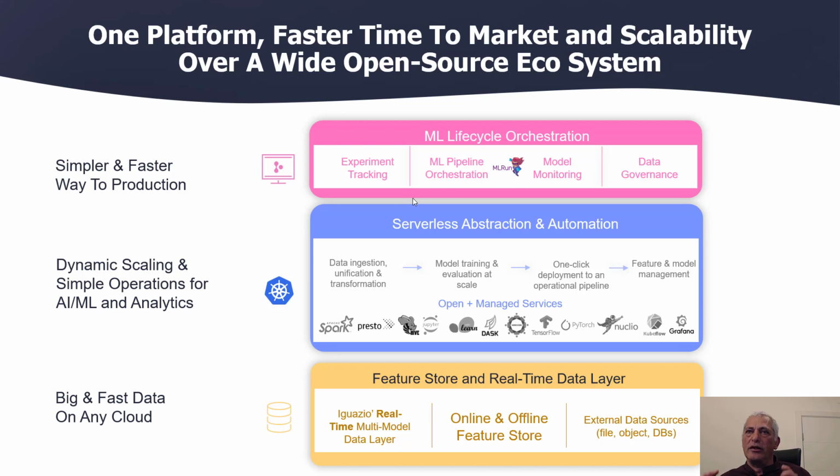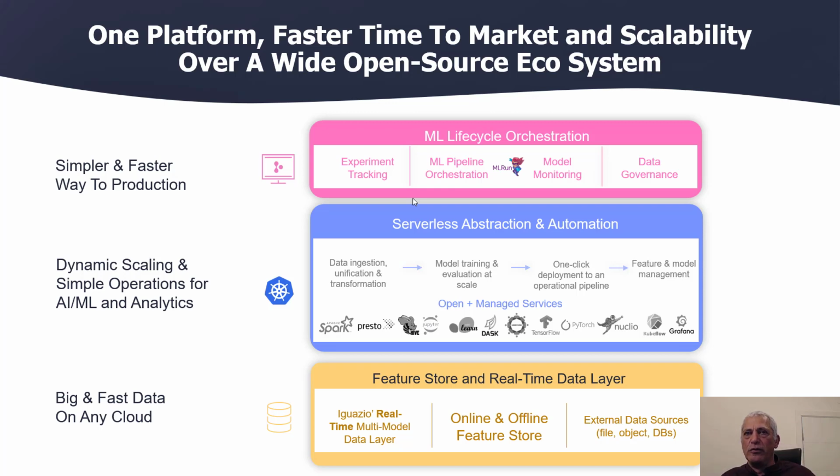And on top of it, you have another set of orchestration and management tools to make your life much simpler. So all the experiment tracking and model management and job scheduling and building graphs of pipelines for real-time or batch, data governance, data monitoring, billing, and so on.